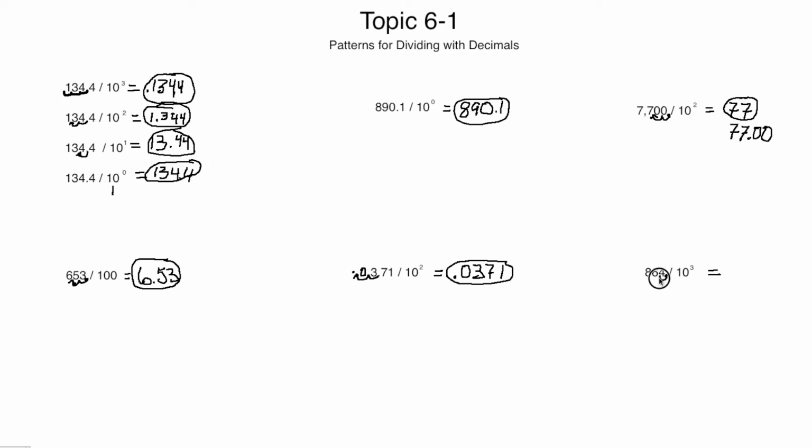Move it to the left, 3 spaces. And now your decimal is moved in front of the 8. So our new quotient is 864 thousandths. That's all you have to do to show work is use butt cheeks. Give me the new quotient and circle your answer. Did you get that?